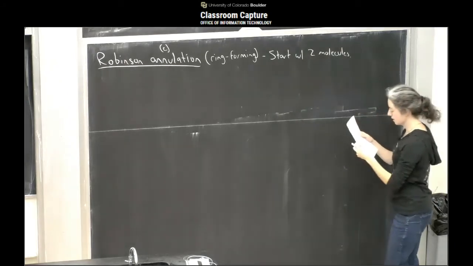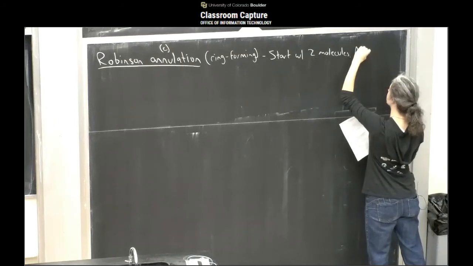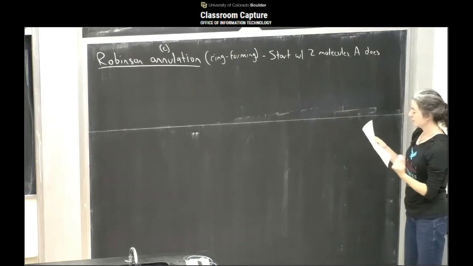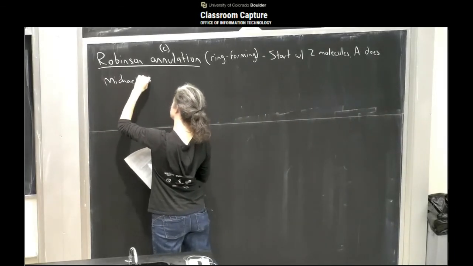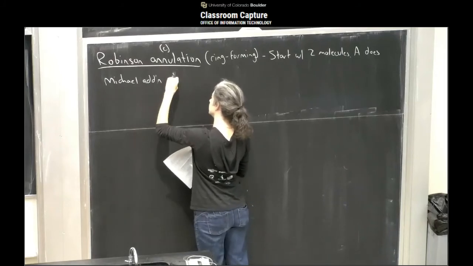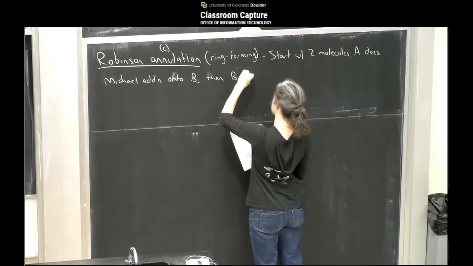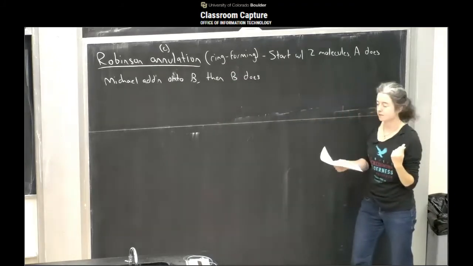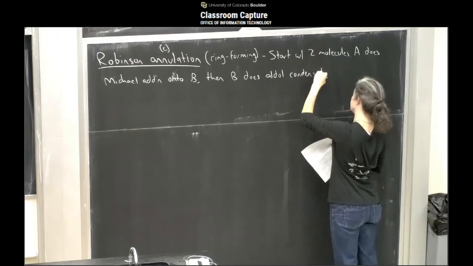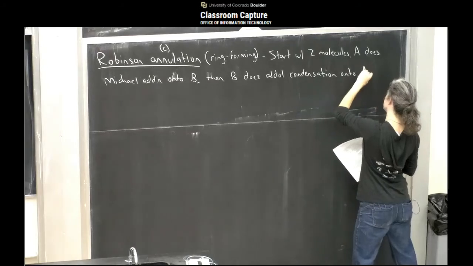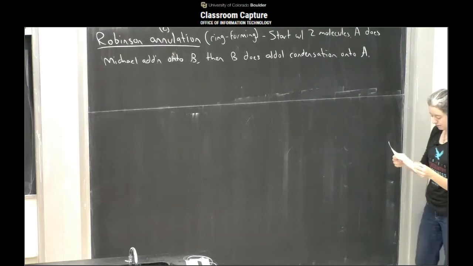Let's call them A and B, which I'll draw up in a second. So first, A does Michael addition onto B. And then B does an aldol condensation back onto A. Okay, so that's kind of the big picture. Let's look at how that might work in practice.